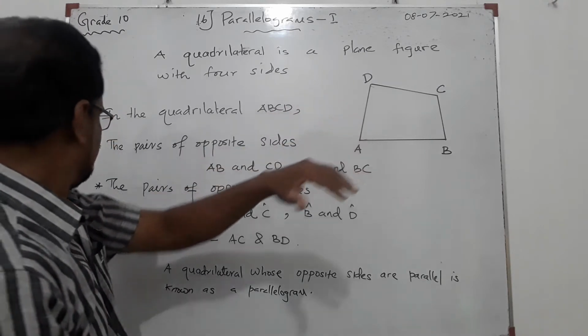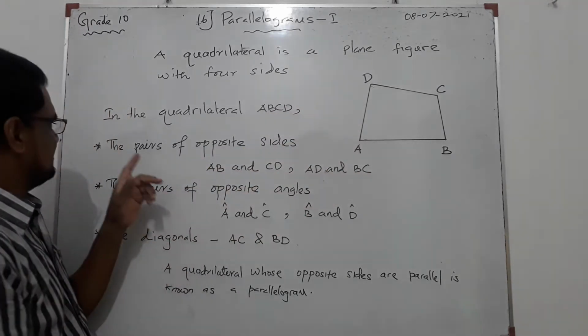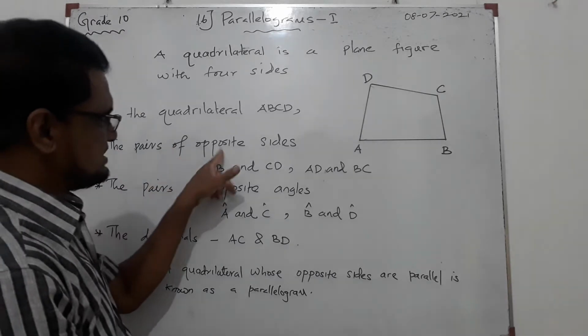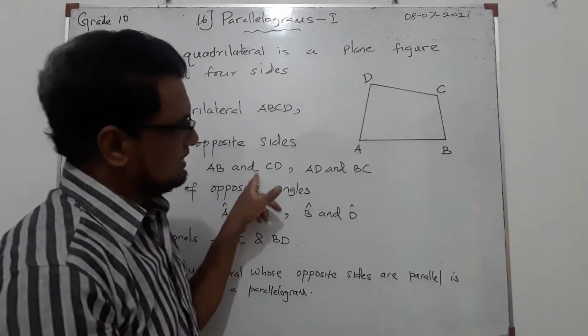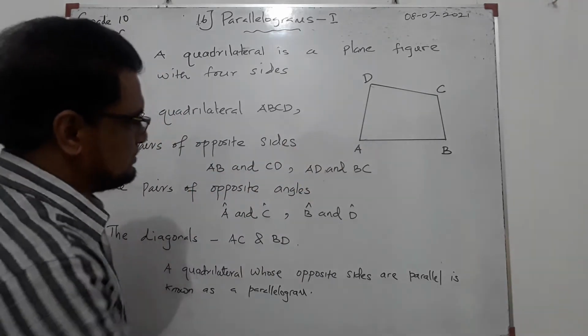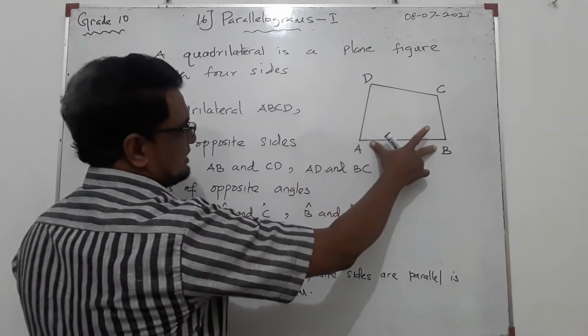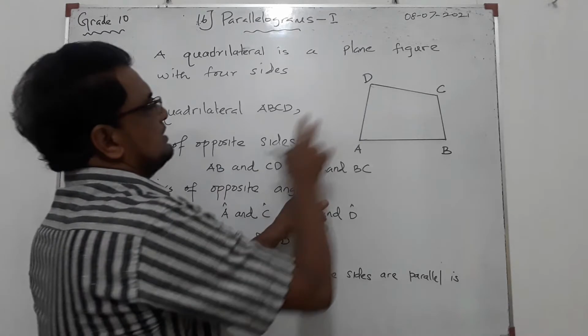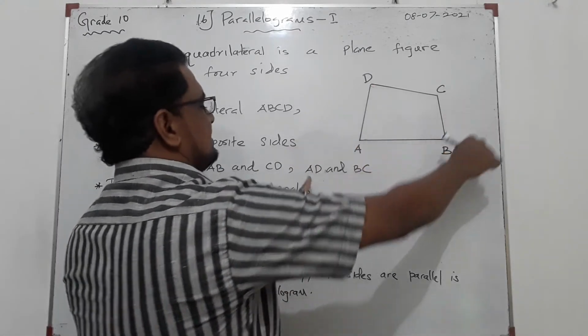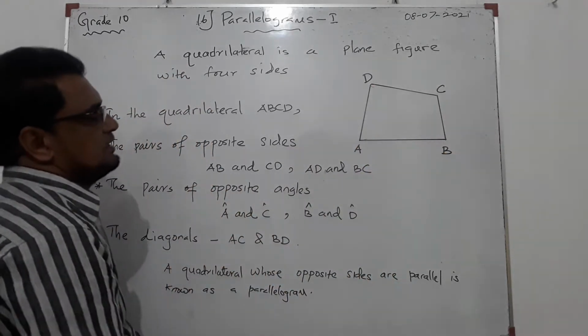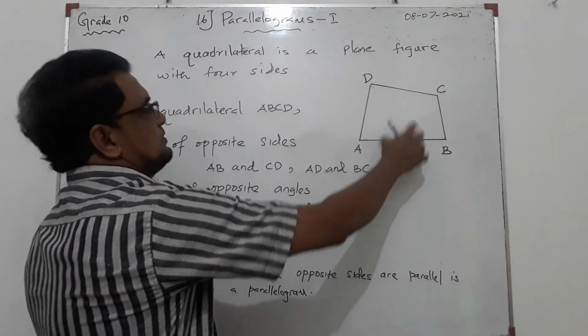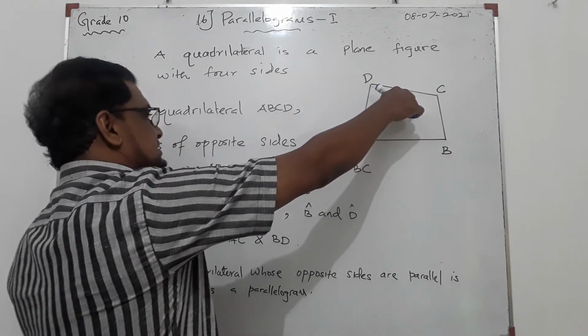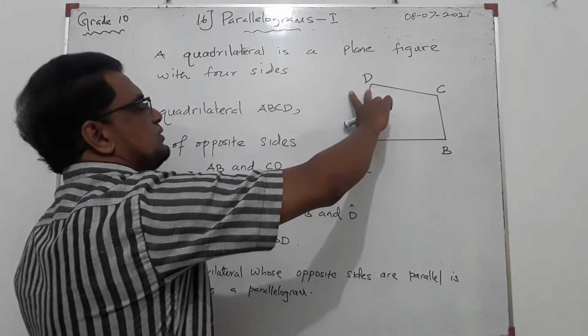There are 3 types of properties. One is the pairs of opposite sides. Now you see AB and CD. Then the other pair, AD and BC. These are the opposite sides. AB is opposite to CD, AD is opposite to BC.